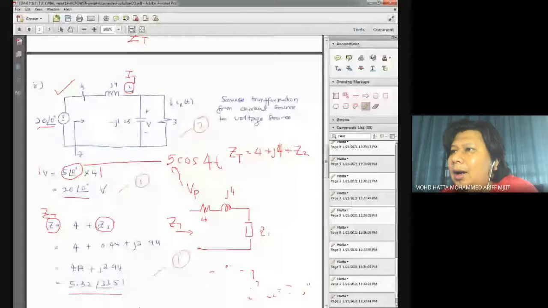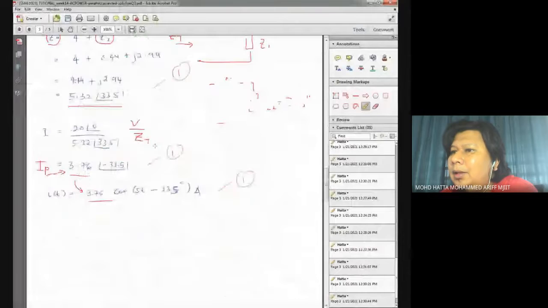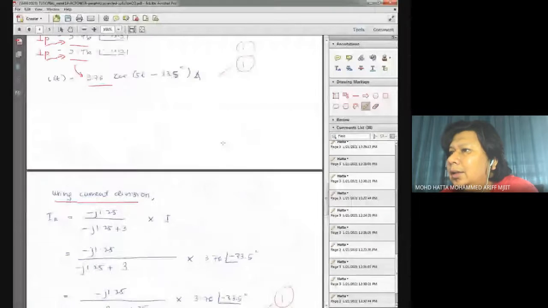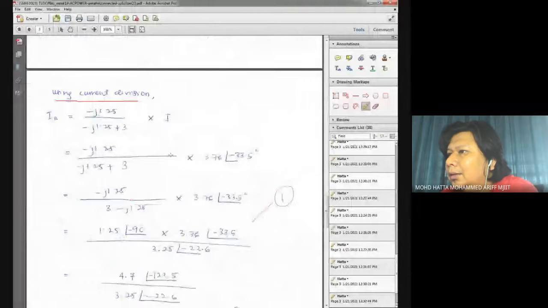And for IR, okay, for IR, we need to use current division. Okay, looking at the circuit itself, you have elements like this, and later on we have resistors, and in the middle here we have a capacitor, and here we have the voltage source.